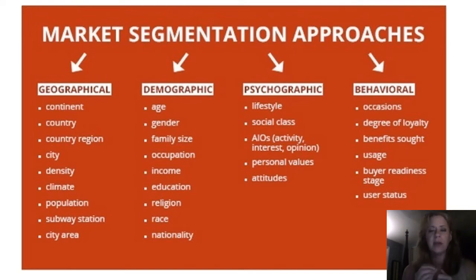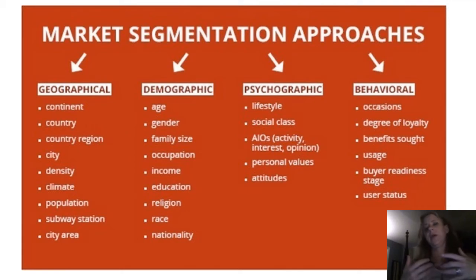Behavioral deals with how they use your product. It could be when they use a product, which is occasions, their degree of loyalty, their readiness stage, or their user status.